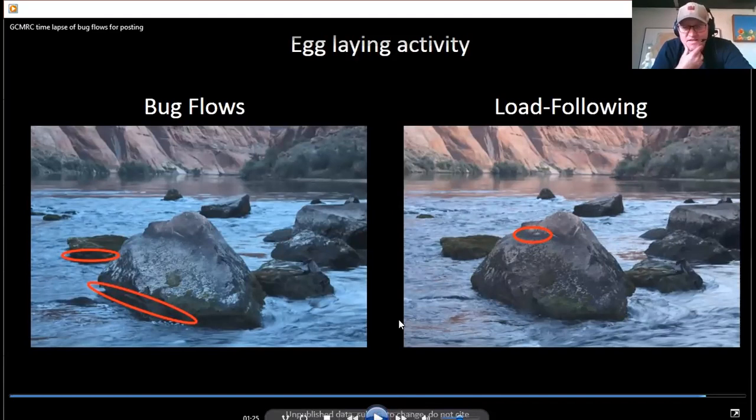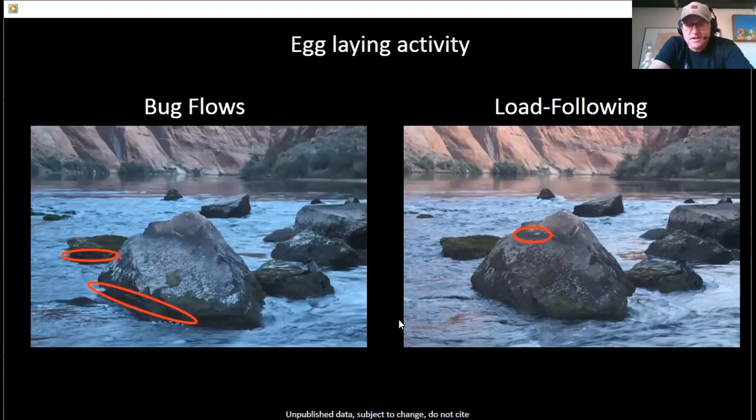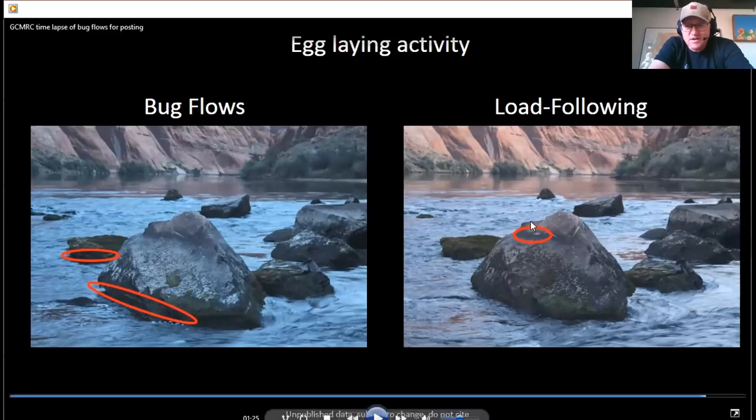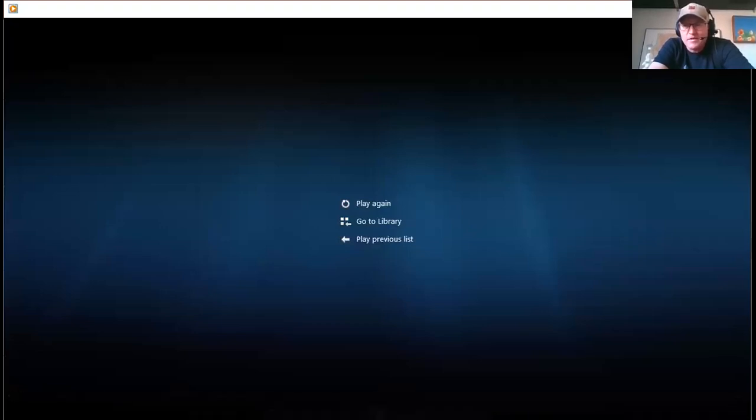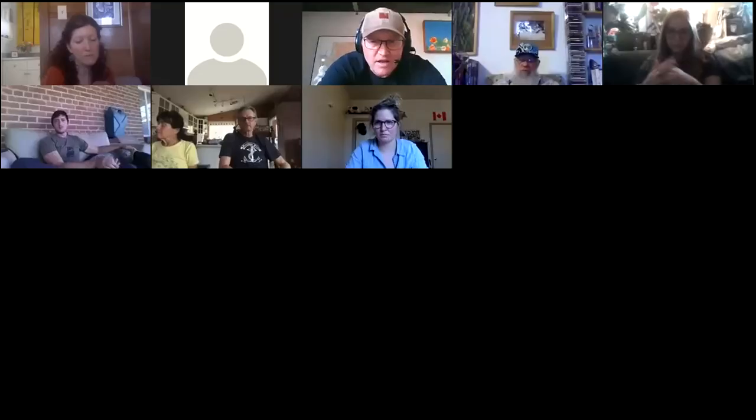And these eggs can't handle anything more than an hour of exposure to air. And the other thing we hadn't predicted or anticipated was that there's a lot more egg laying habitat. During those bug flows, those emergent rocks are out there and ready.